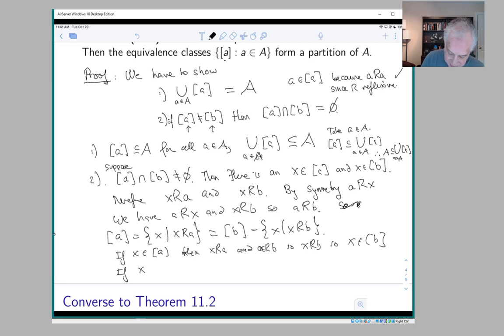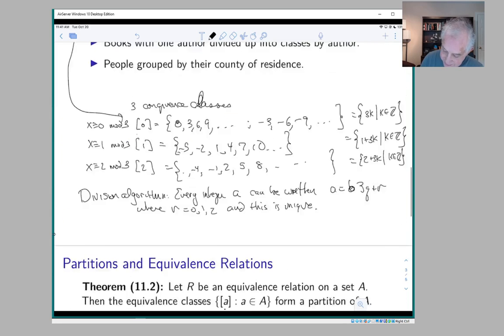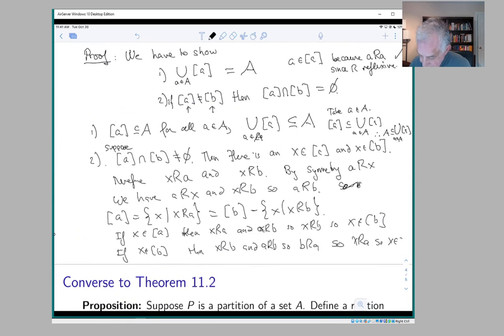And if x is in the equivalence class of b, then x is related to b, and a is related to b, so b is related to a, and then by transitivity x is related to a, so x is in [a]. In other words, if these two equivalence classes have an element in common, then they're actually equal.